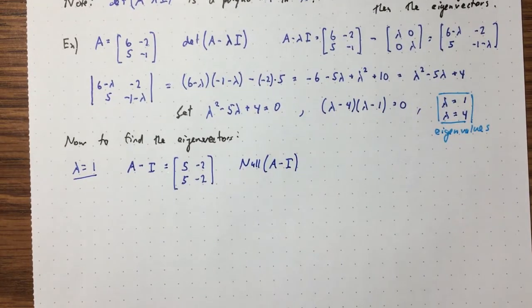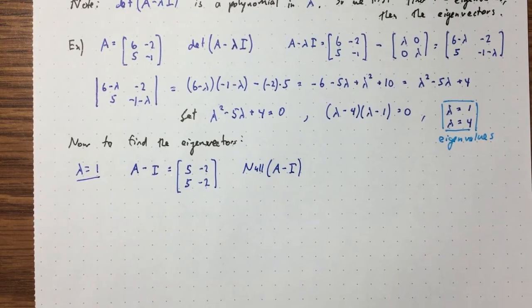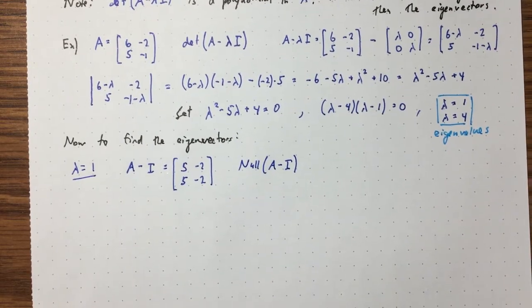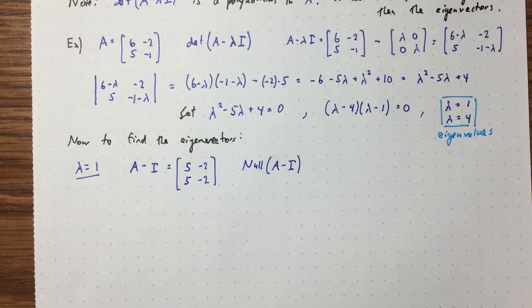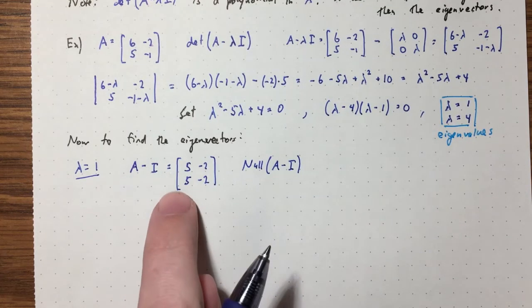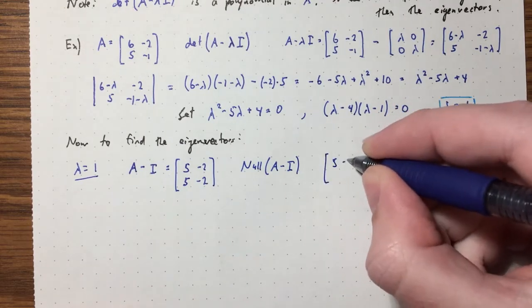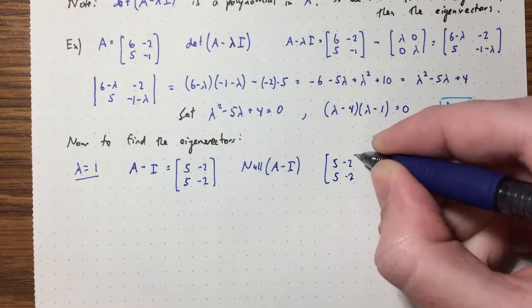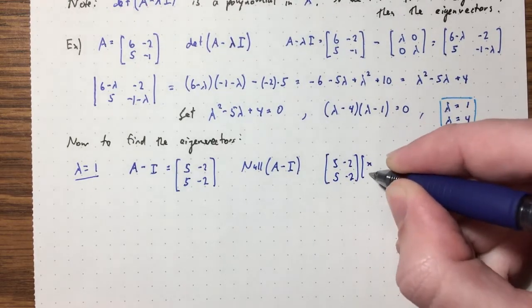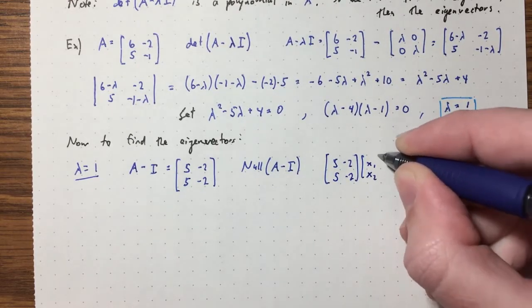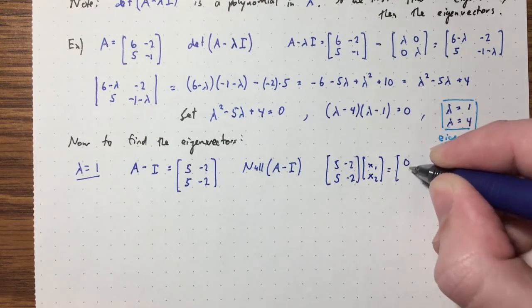We can do that in a standard way, but there's often a faster way to see what a null space is. I want to find a vector multiplied by this matrix to get 0.